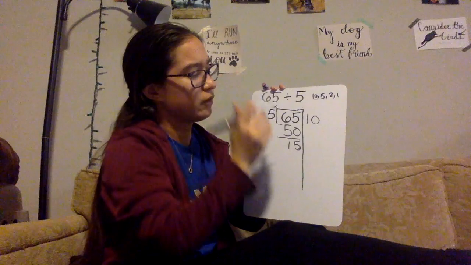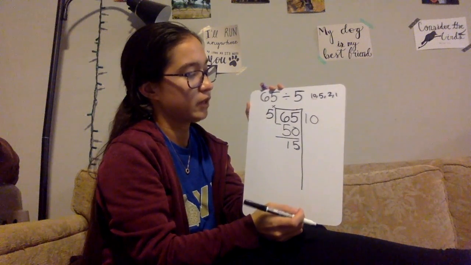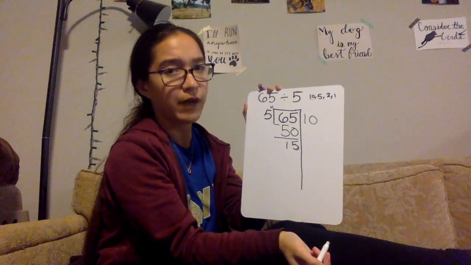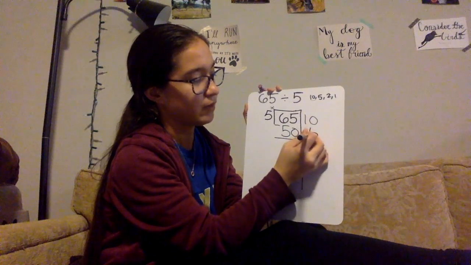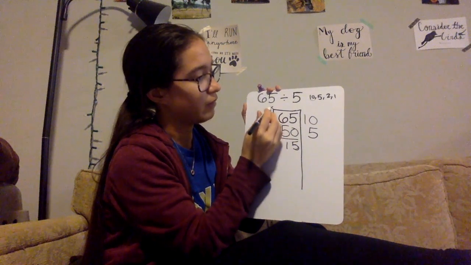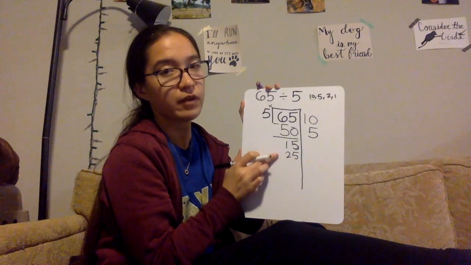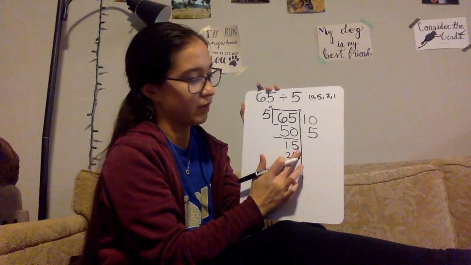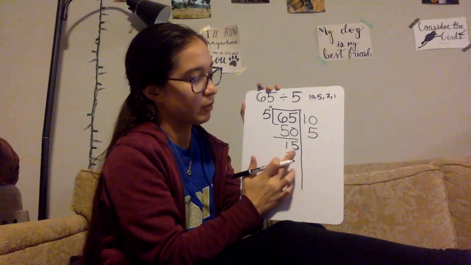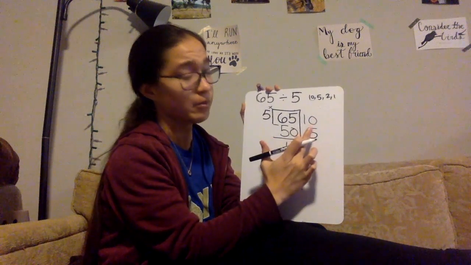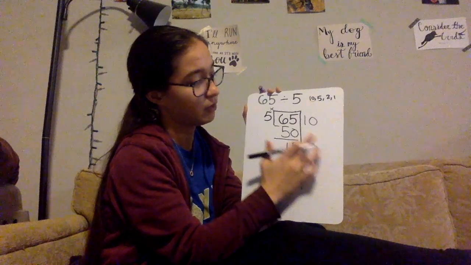Okay, I know that 50 is going to be too big, so I don't want to try 10 again. Maybe I'll try 5. So I can put a 5 down. 5 times 5 is 25. Uh-oh! 25 is bigger than 15, so I know that 5 won't work. So I'm going to remember to erase the 25 and remember to erase my 5 because it didn't work.